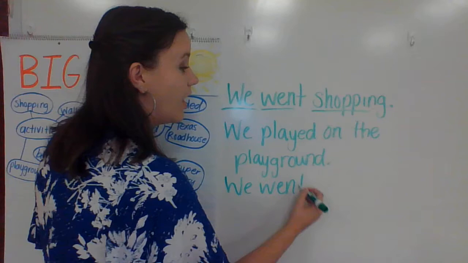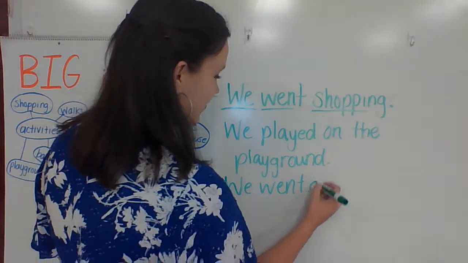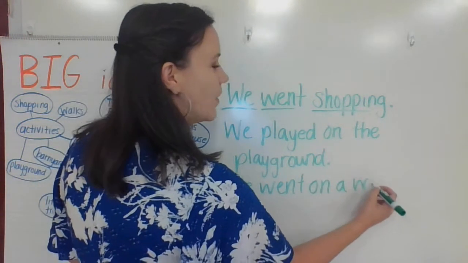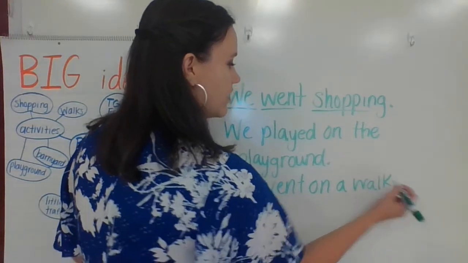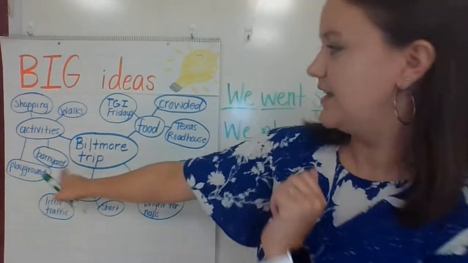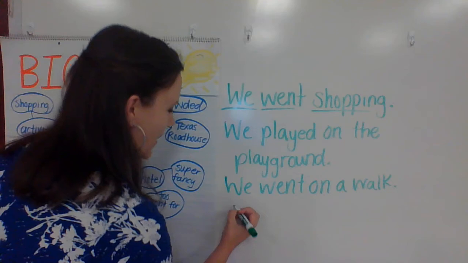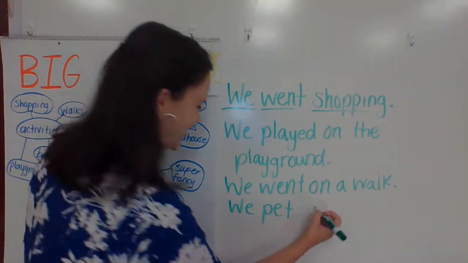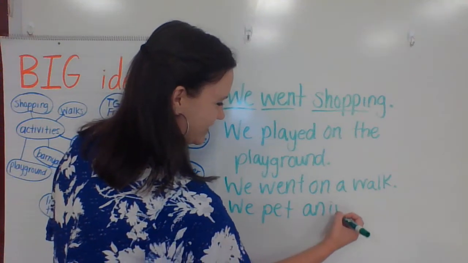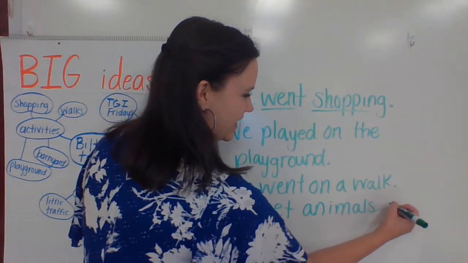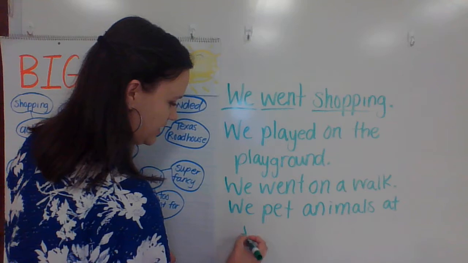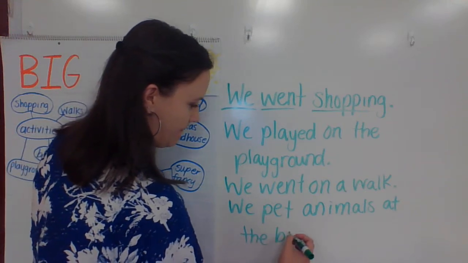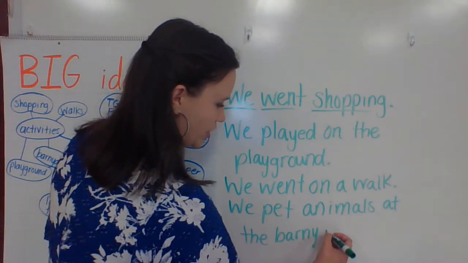Actually, we went on a lot of walks. We'll just say one right now. We went on a walk. And we pet animals at the barnyard. We pet animals at the barnyard.